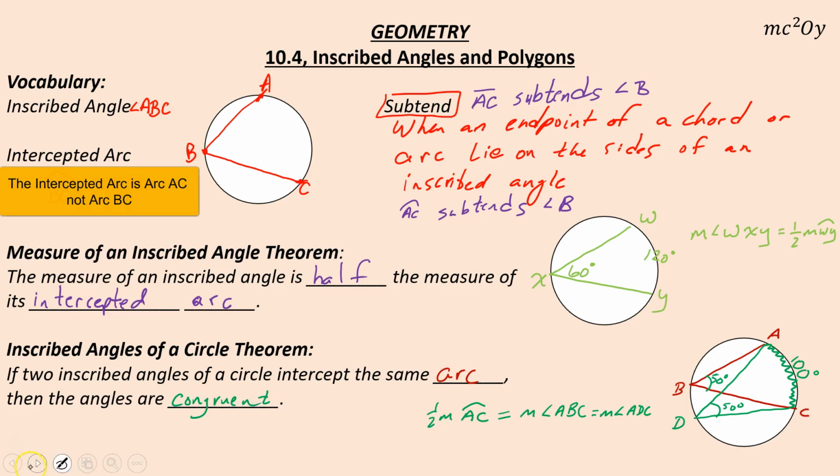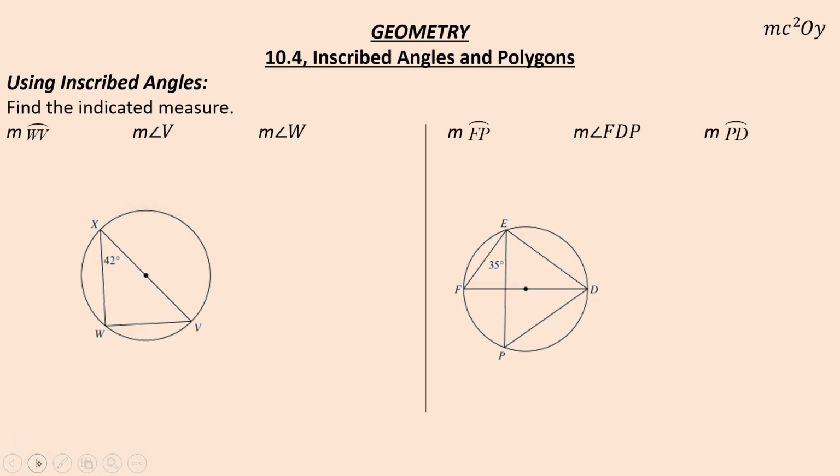All right. Let's go ahead and try some of these. Find the indicated measure. So the measure of arc WV. So WV is right here. Well, notice WV is intercepted by WXV. Okay, so this arc subtends that angle.